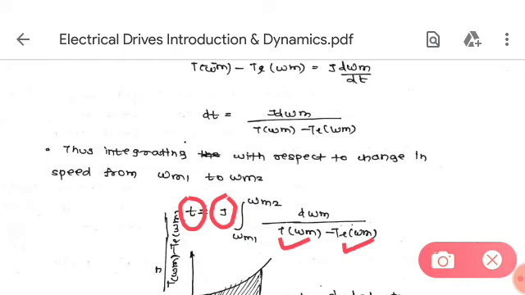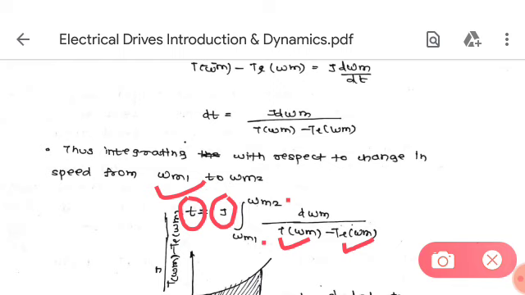So all this data is known, and if we intend to change speed from one to another, it could be starting, then the initial speed is 0 and the final equilibrium speed is something, 1000 in the previous example I have taken. Like that you just put these limits, and then you will get the transient time.